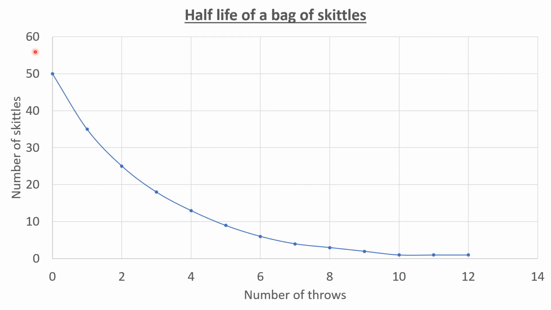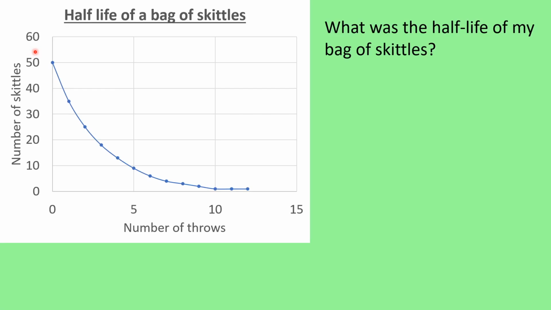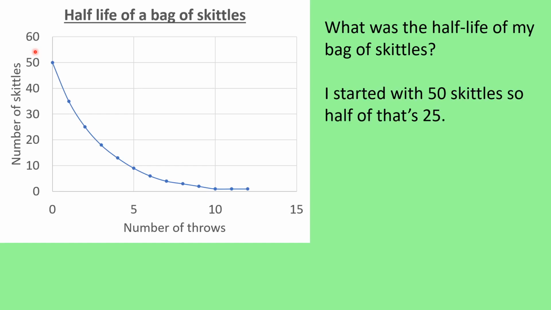Now we can use these graphs to work out the half-life, and we're going to have a look at working out the half-life of this bag of Skittles. So if we started with 50 Skittles, how many Skittles are we going to have after 1 half-life? Well, it's going to be 25. Half of 50 is 25. So we draw a line on the y-axis going across from 25.